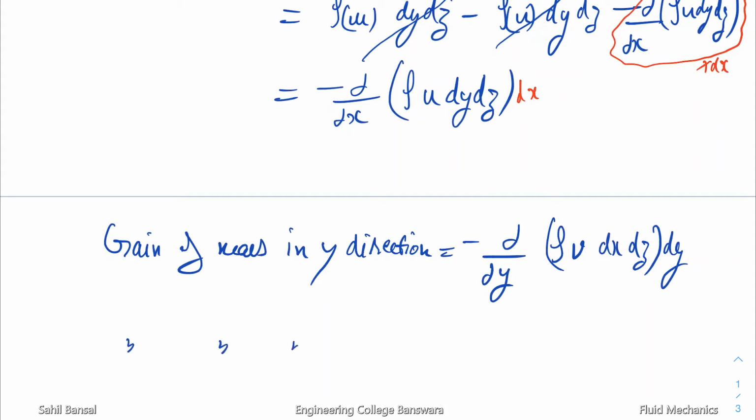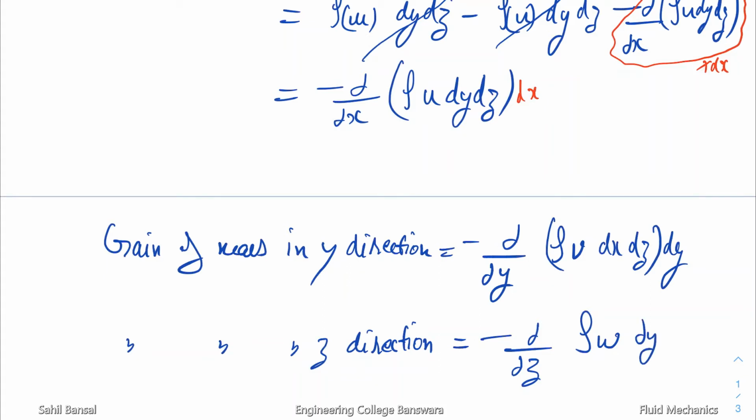Similarly, gain of mass in z direction will be equal to del upon del z rho w, velocity in z direction, rho w into dy dz into dx dz.